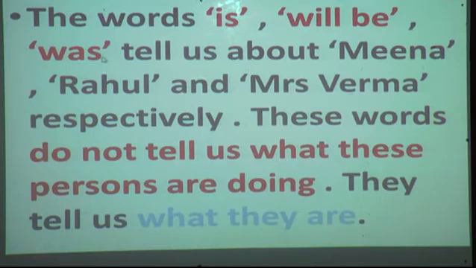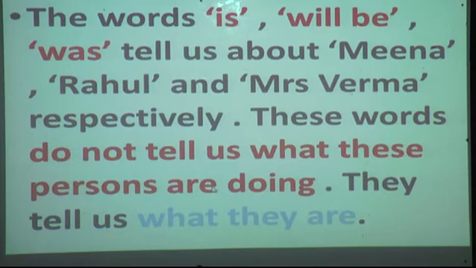In our previous slide we have seen three examples. I have taken the verbs that tell us about Meena, Rahul and Mrs. Verma. Now these words do not tell us what these persons are doing. Can you see? These words are not showing what action they are doing.